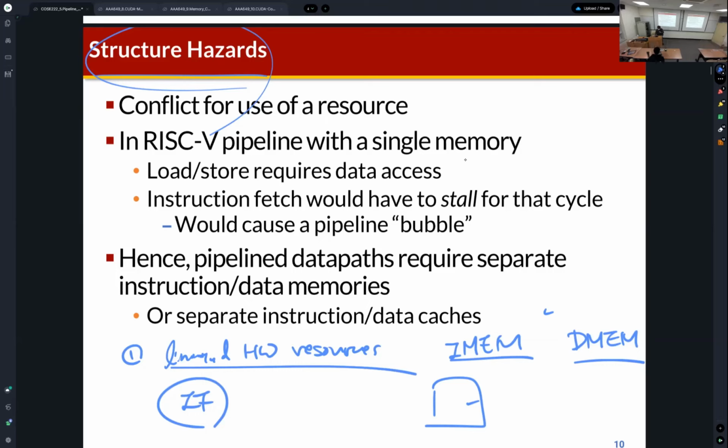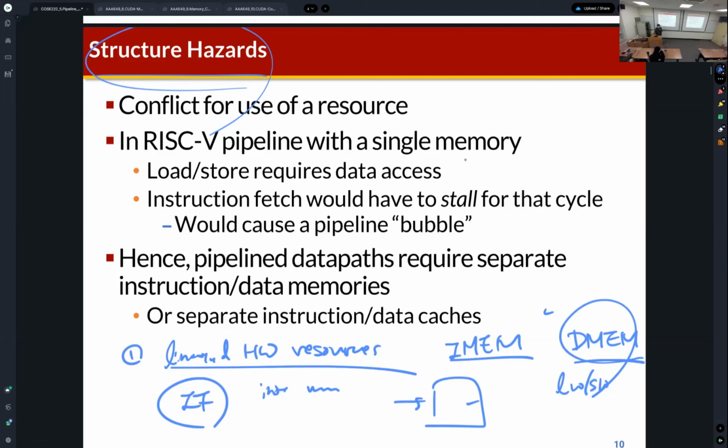So every instruction needs to access the memory. Okay. And how about the data memory? Data memory is accessed by load or store instructions only, right?